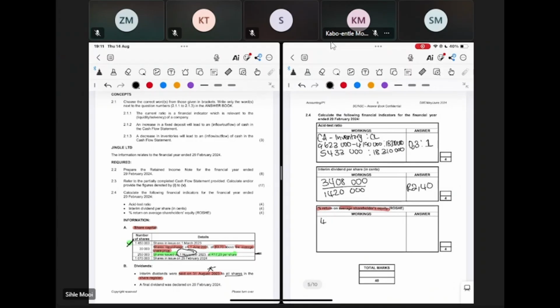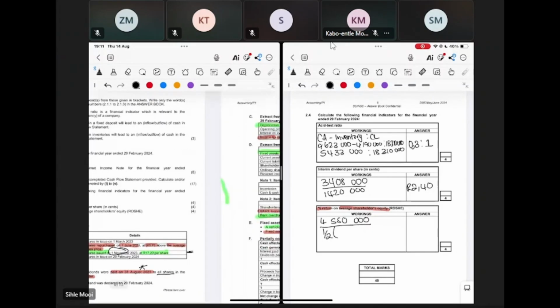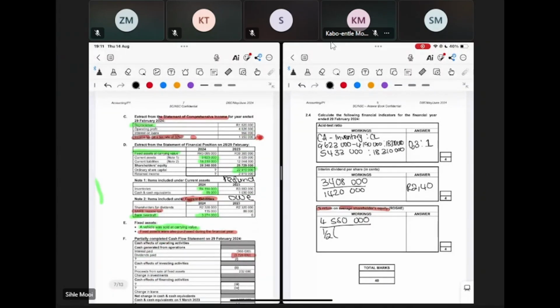So you have 4,550,000 at the top, and you're dividing by your average shareholders' equity. Average is a half times this year's shareholders' equity plus last year's, and those have been given here for 2023 and 2024. Last year's was 25,729,000, and this year's is 28,248,000. And then we multiply this by 100.